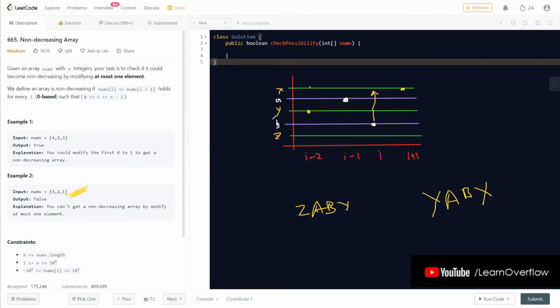And there can be another condition. Okay, what can be that condition? Say we are left with an array that starts with Z, we went up to A, we went down to B, and then we again went up to say X. Now tell me, what will you do? This is not increasing, it's non-decreasing if you look at the moving average, it's increasing anyways, right?